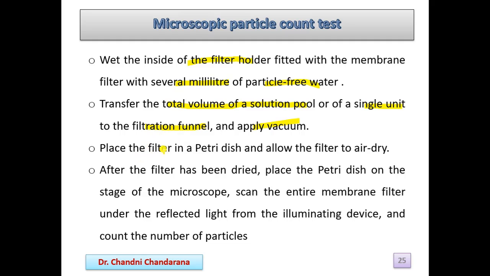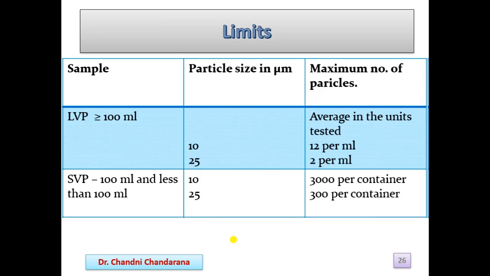After that, we place the filter in a petri dish and allow the filter to air dry. After the filter has dried, place the petri dish on the stage of the microscope and scan the entire membrane filter under reflected light. We perform this test under the microscope with direct light. This is the difference. And count the number of particles. So these are the limits for that particular test.